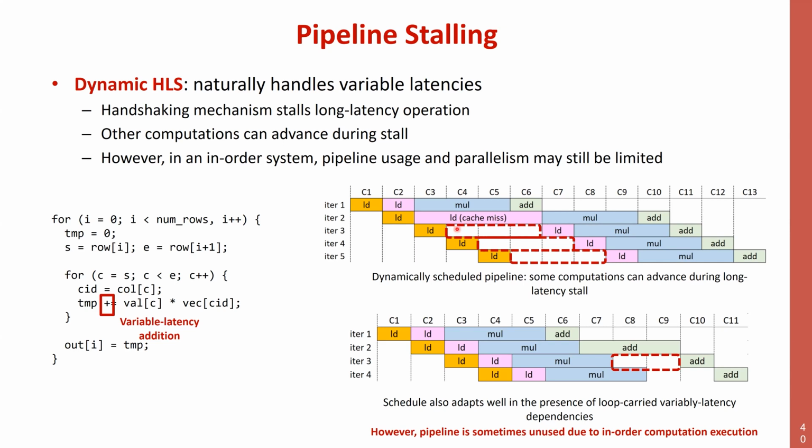So my pipeline is not used very well, and not as well as in the case where I was counting on all load instructions taking 4 cycles, and therefore I could start the load here in a static sense, because I knew that it would end here and the output would still be in order.